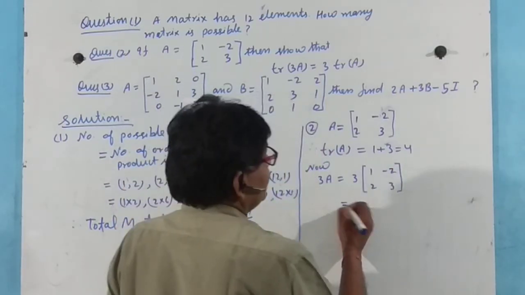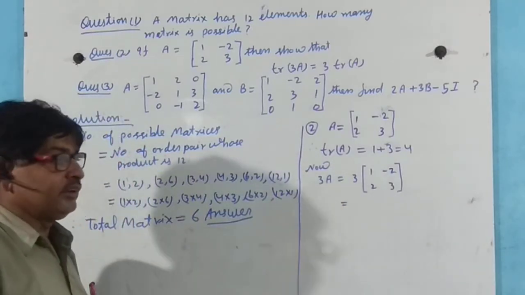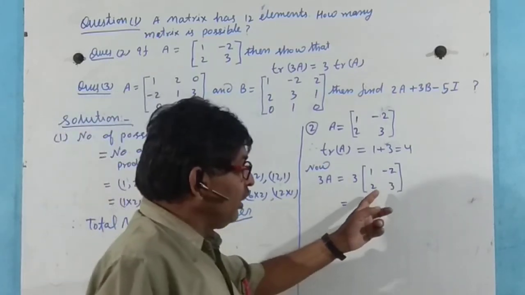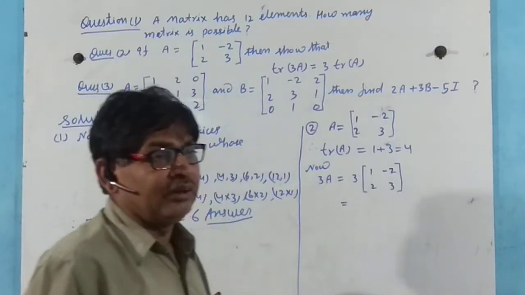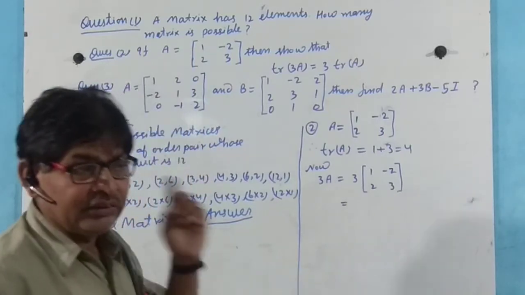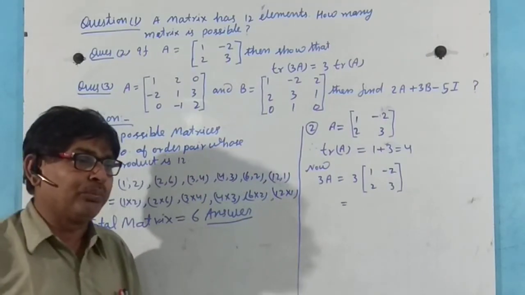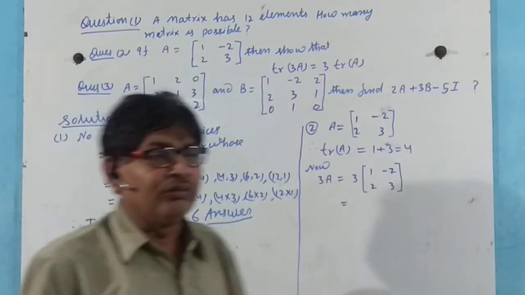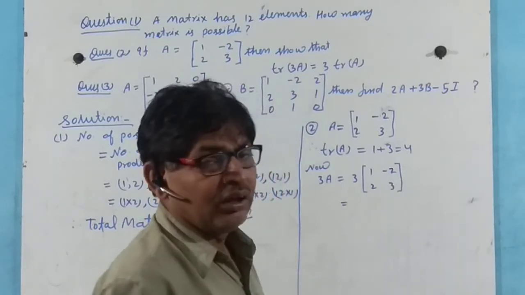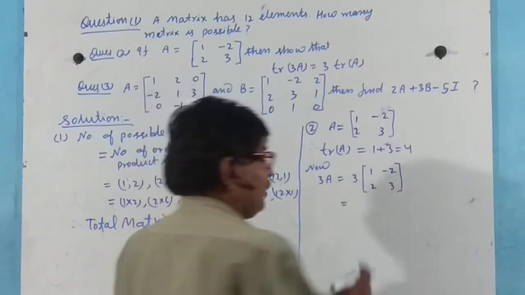In this case we multiply 3 into each element of the matrix, whereas in the determinant we multiply only any one row or any one column, but here in matrices we multiply each element.